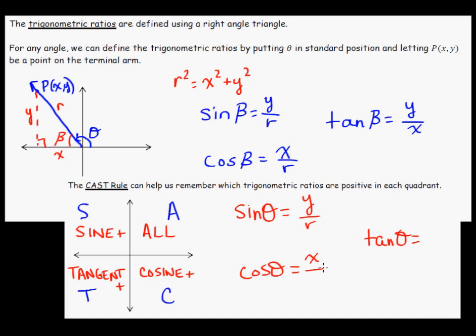Cosine theta will be x over r. Tangent theta will be y over x, except in addition to these ratios, we're going to use the CAST rule to figure out whether each one is positive or negative.